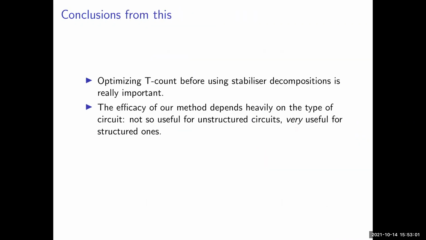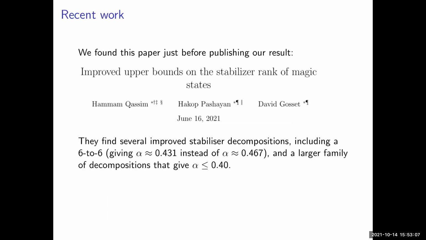Okay, let me just continue with the new stuff from here, because we're running out of time, I think. So just a couple of days before putting our paper on arXiv, we found this paper, which had actually been on arXiv for a while. We just hadn't found it yet. Improved upper bounds and stabilizer rank of magic states. They do a bunch of really cool things. First of all, they find an improved stabilizer decomposition, for instance, 6 magic states to 6 stabilizer terms.